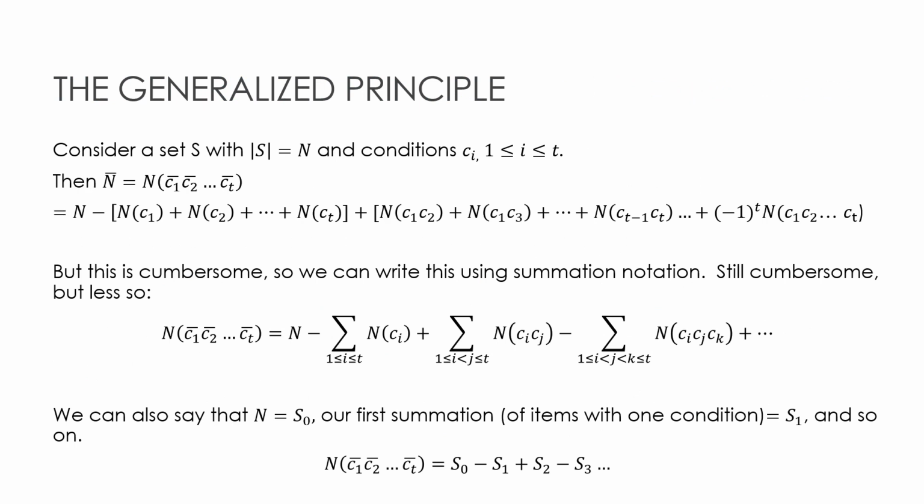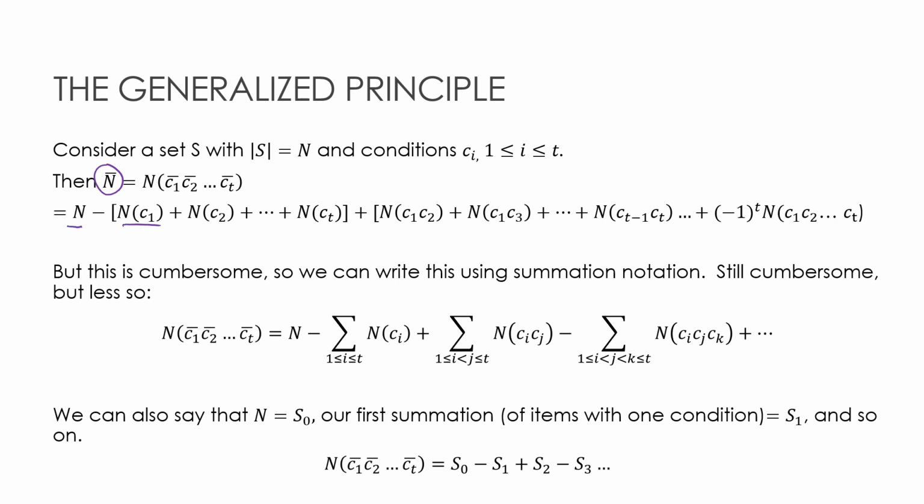I did want to quickly identify for you a generalization of the principle in case you see this in your text or in other videos that you watch. We already know the pattern, and our pattern says in order to find basically not n, which means not C1, not C2, etc., for any number of conditions that we're dealing with, we're going to start with the universe.